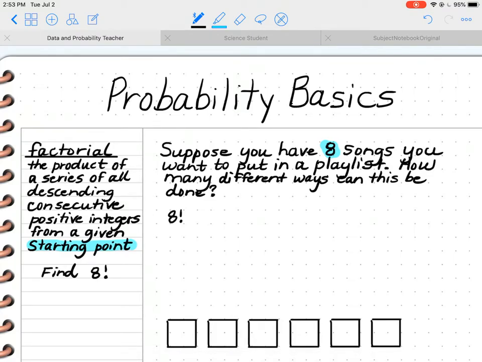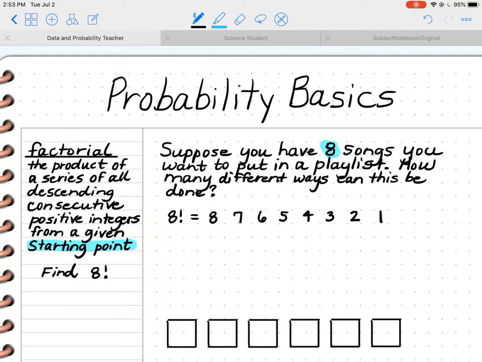8 factorial is the product, so there's multiplying, of a series of all descending consecutive positive integers from a given starting point. So what's the starting point? 8. What is descending? That means going down. So if you're going down from 8, you would go to 7, 6, 5, 4, 3, 2, 1.